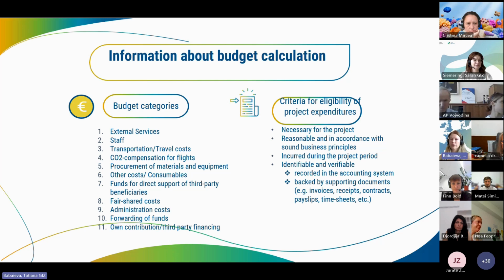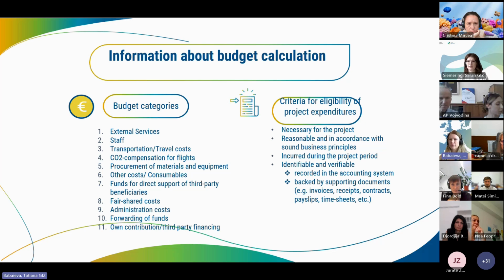They are external experts, staff, transportation travel, CO2 compensation for flights, procurement of materials and equipment, other cost consumables, funds for direct support of third-party beneficiaries, fair shared costs, administration costs, forwarding of funds, and own contribution third-party financing.